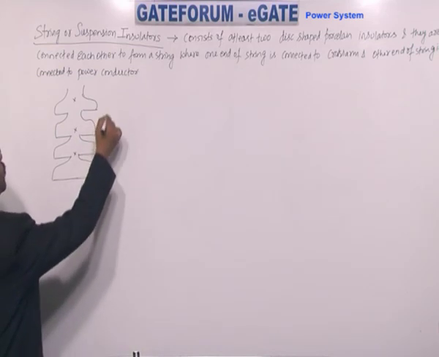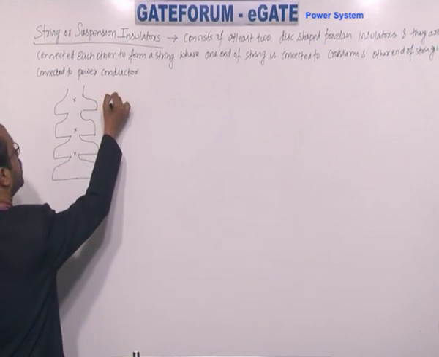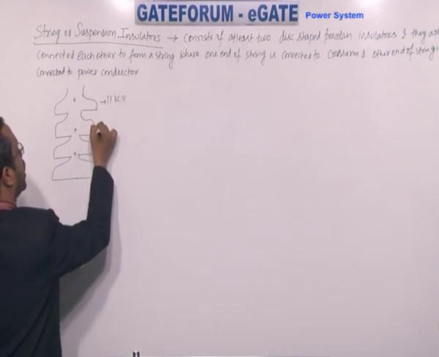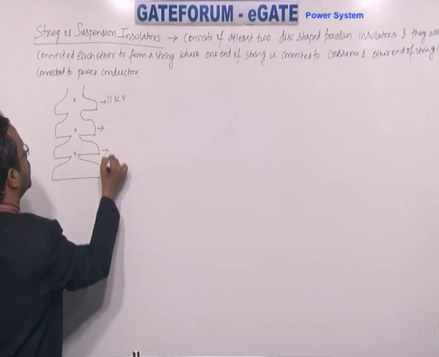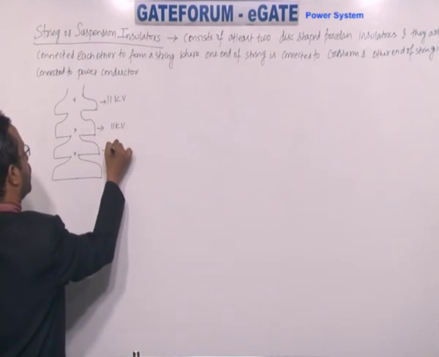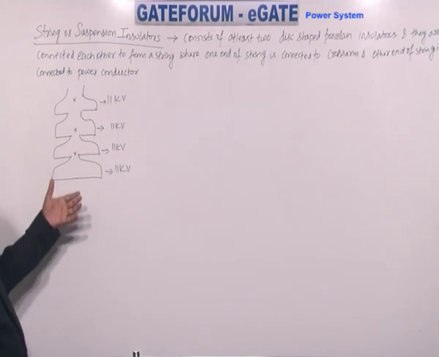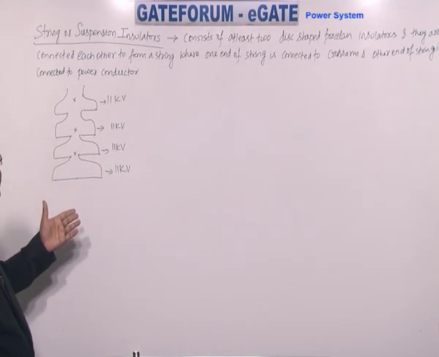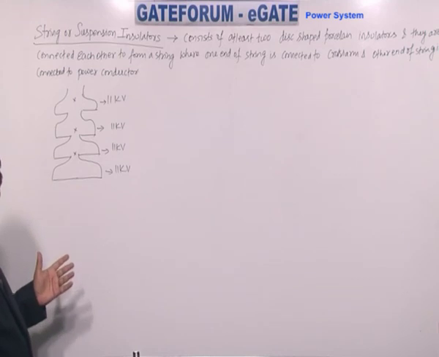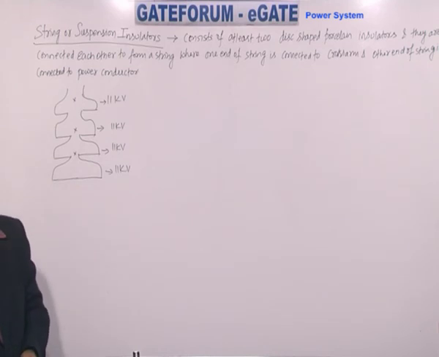And each disc can withstand how much operating voltage? 11 kV. So this is how at least 2 disc-shaped porcelain insulators are connected one below the other to form a string.